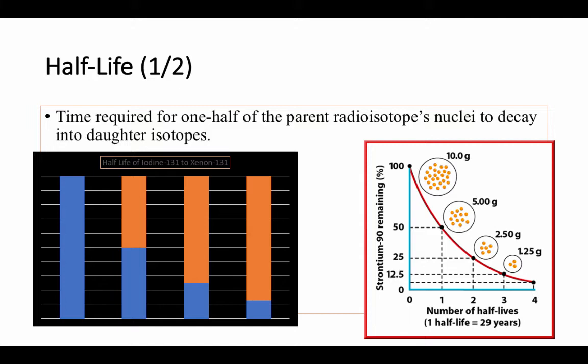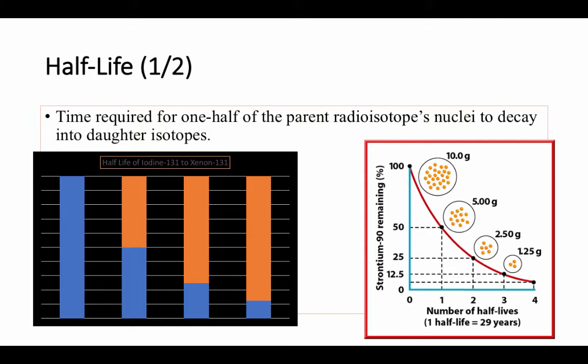If you can see in the bar graph on the left, you have the half-life of iodine-131 and it turns into xenon-131. The iodine-131 is represented by the blue and the xenon, or the daughter isotope, is represented by the orange. So you start off with 100% of iodine-131.